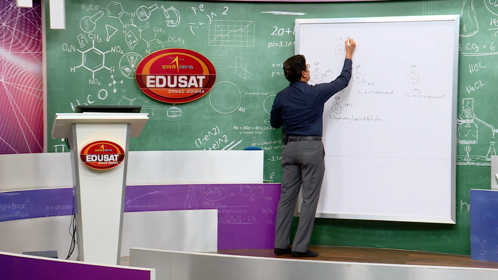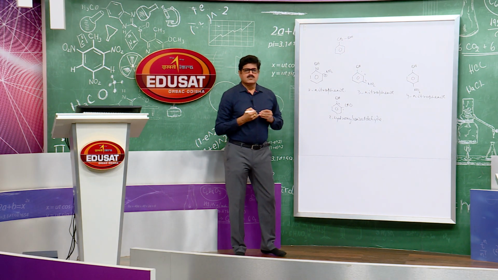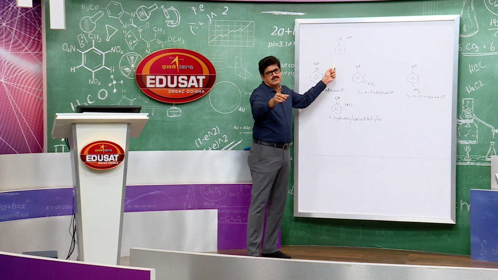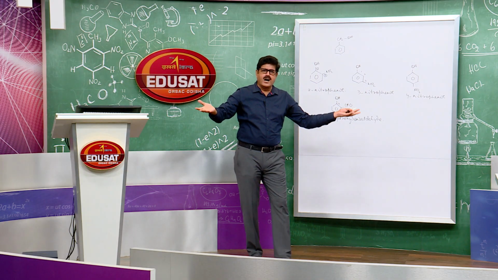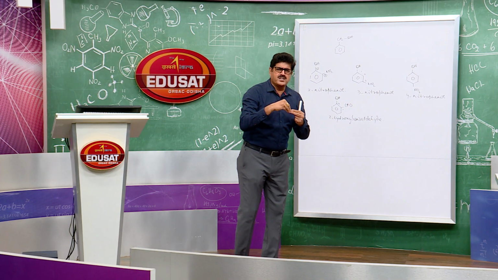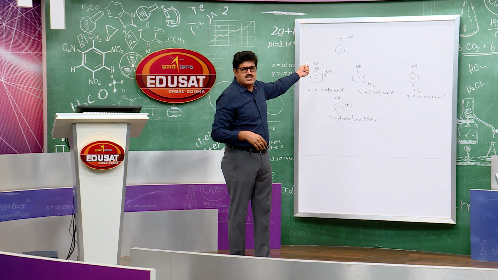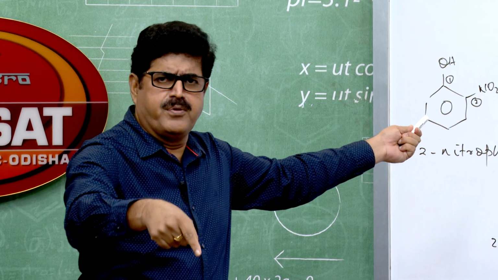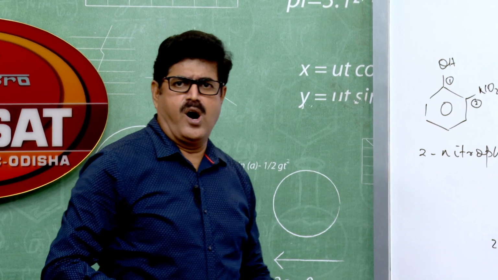Another question for you. My first question is, can you call it phenol? You know, phenols are the class of organic compounds in which OH is directly attached to benzene. You see, here OH is not directly attached to benzene. So can you call it phenol? No, it can't be called phenol. This is an aromatic alcohol.